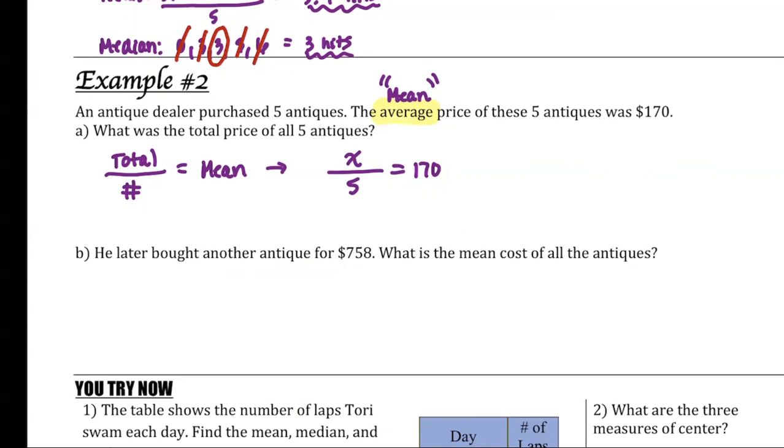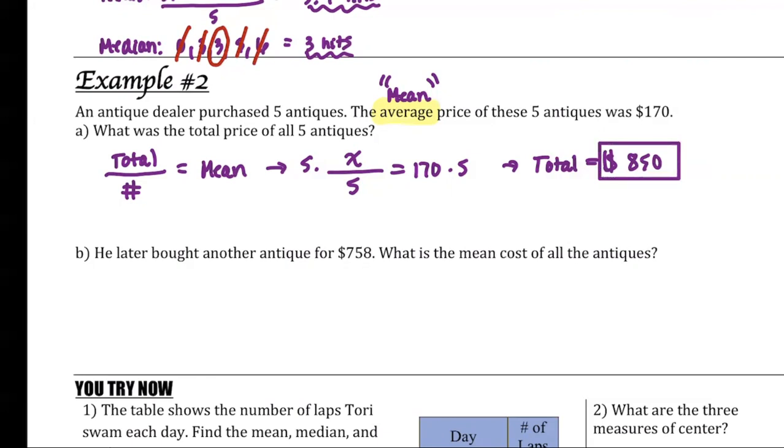So we can also use this to work our way backwards. If I multiply both sides by 5, 170 times 5 is going to tell me the total amount of all of those antiques, which is 850. And that is the total price of what we spent.